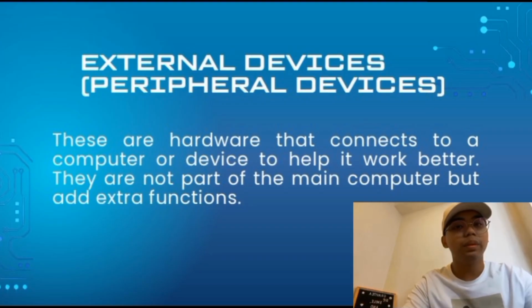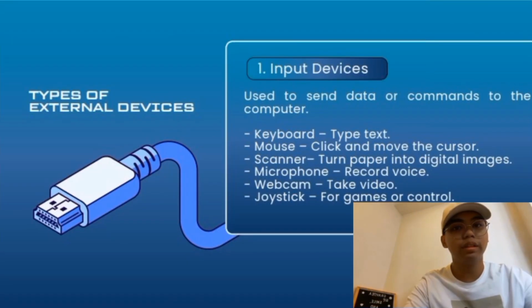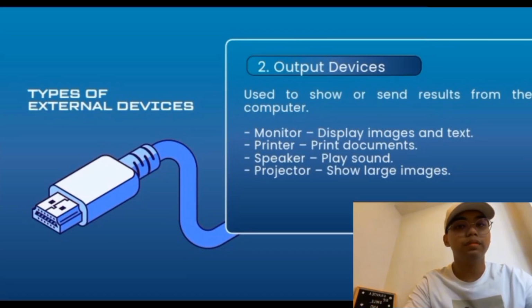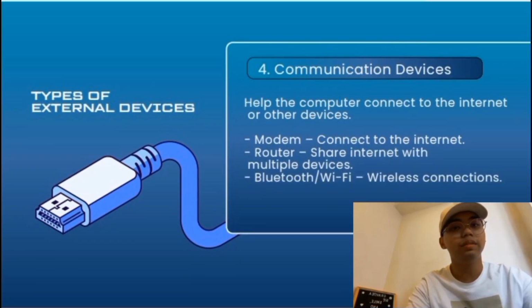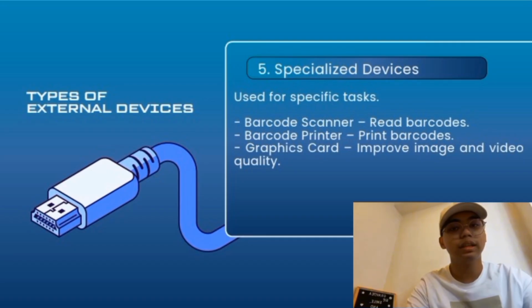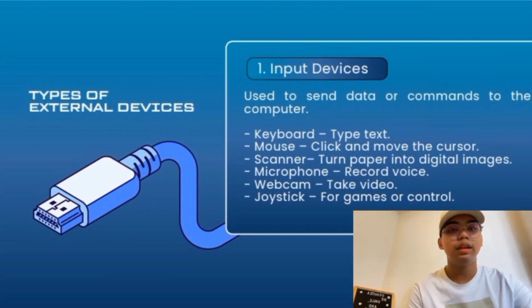So we have 6 types of external devices: input, output, storage, communication, expansion, and lastly specialized devices. Firstly is the input device. This device allows users to input data or commands into a computer system.